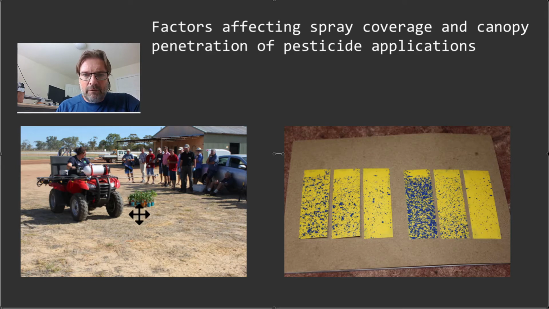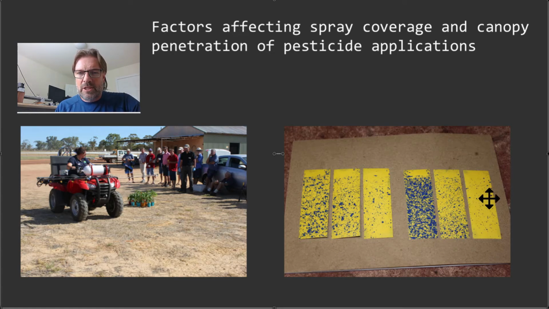We created a little field, and then we had it sprayed with a small spray rig that they had, and we placed the water sensitive spray cards at different vertical positions within the canopy. So this would be the top, this would be the middle, and this would be the bottom. And this was with a different nozzle. So in a very simple way, images speak 1,000 words, right?